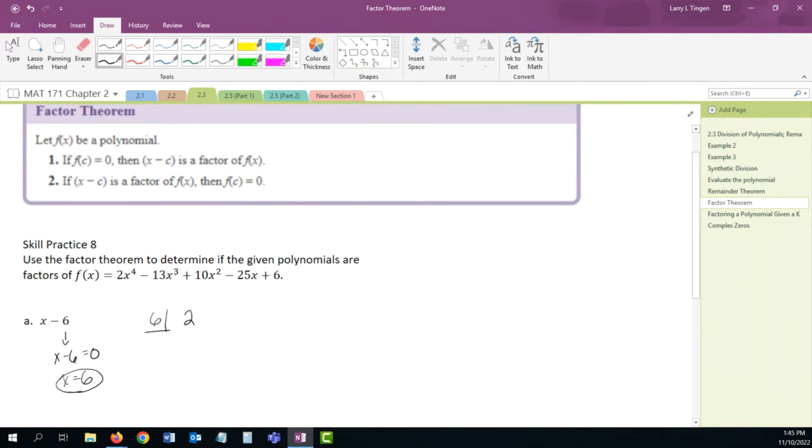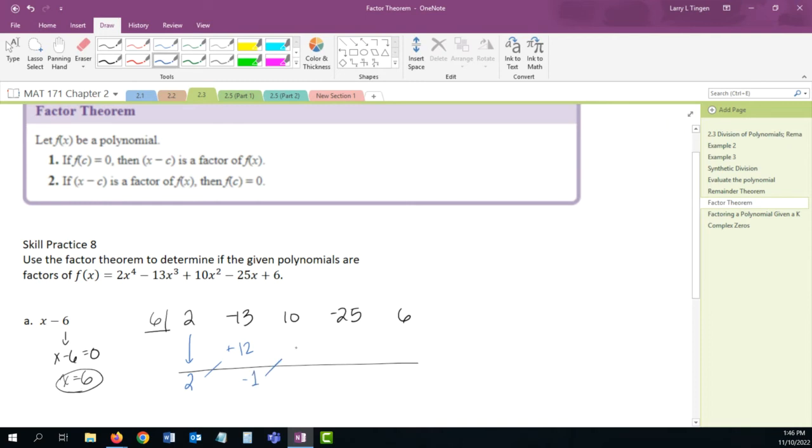Coefficients of the dividend pop in: 2, negative 13, 10, negative 25, and 6. Bring down the 2. 2 times 6, 12, negative 13 plus 12, negative 1.